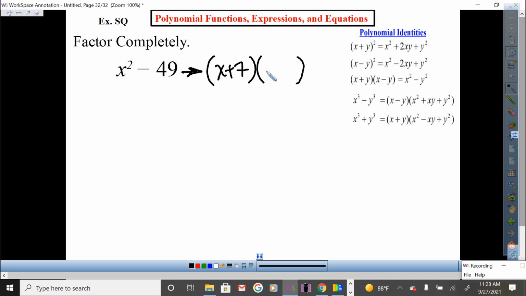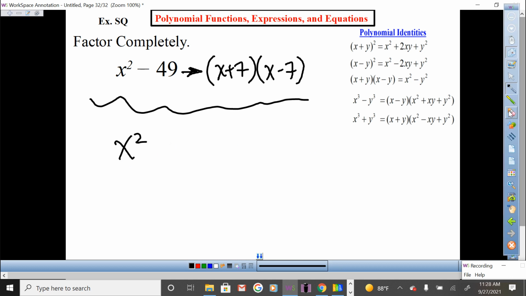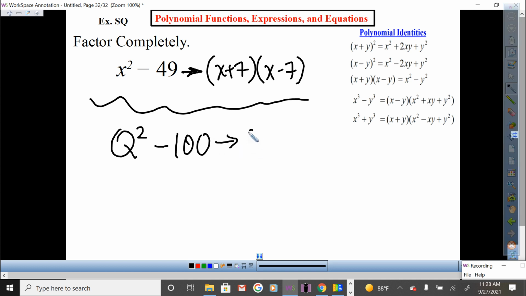X plus 7, X minus 7, hands if you got that. Okay, now don't copy this one. X squared, actually let me change the variable. Q squared minus 100. So you know the factors for that one. Yeah, Q plus 10, Q minus 10. Hands if you got that. Okay, we good?